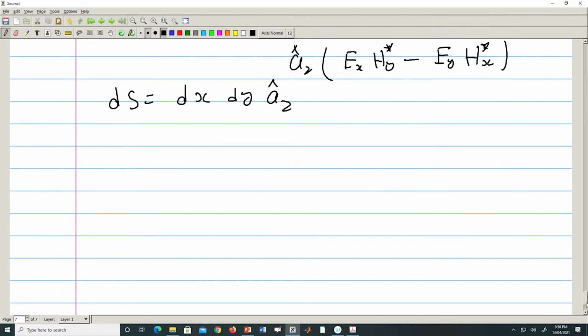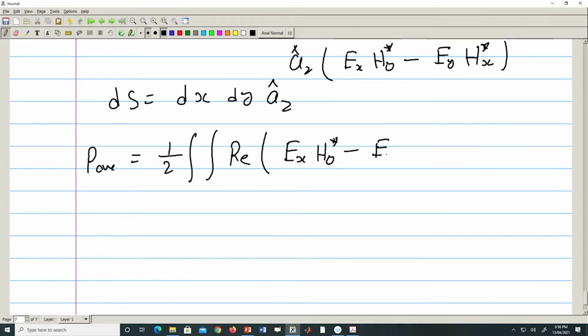So, here we will get the power average. Power average will be 1 by 2 real part of this last part only, Ex Hy star minus Ey Hx star, that has Az into dx dy into Az. So, Az dot product will be 1.